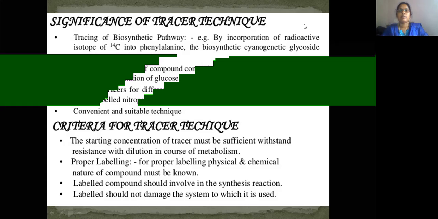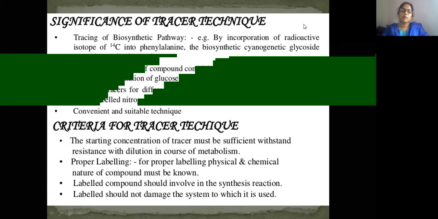Carbon 14 labeled glucose is used for the determination of glucose in the biological system. If you introduce any radiolabeled glucose into the body, after the intake of the glucose molecule, the next step is metabolism. Glycolysis takes place, right?